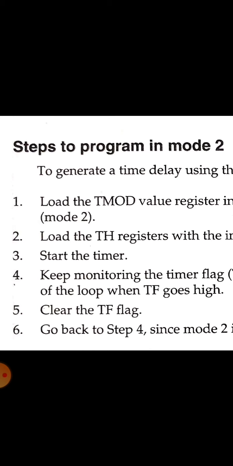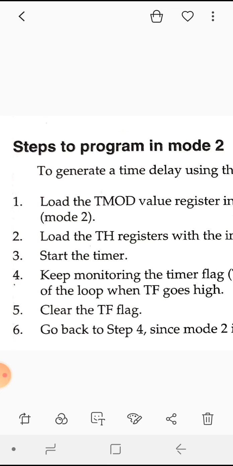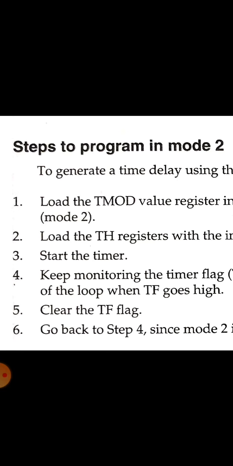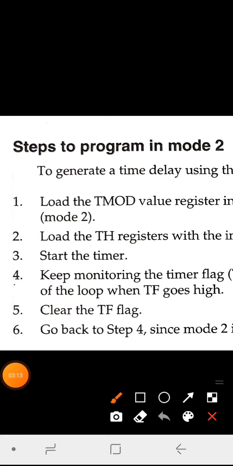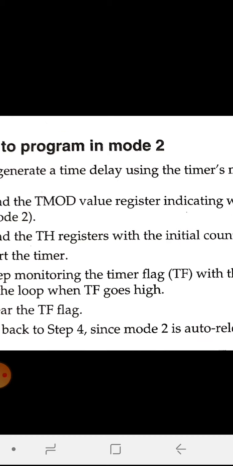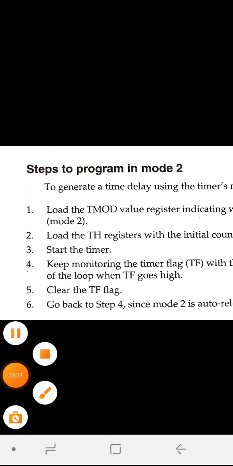Since mode 2 is the auto reload mode, we don't have to load the values, they are auto reloaded. Then you can clear the TF flag. If the TF flag is 0, we have started the second round of counting. Once it has started, you only need to monitor the status of the overflow flag, that is TF. These are the steps involved in mode 2 programming.